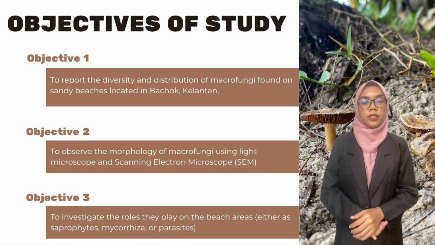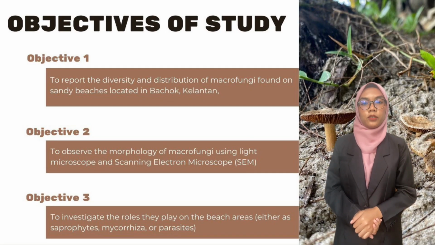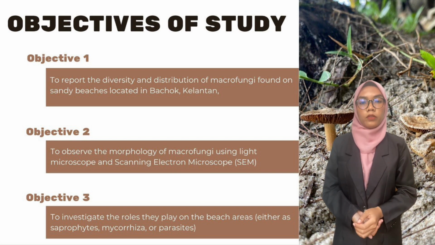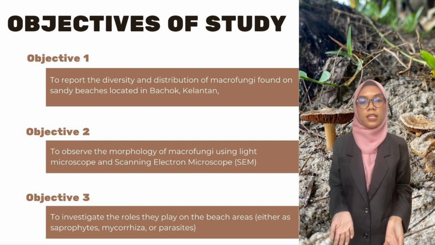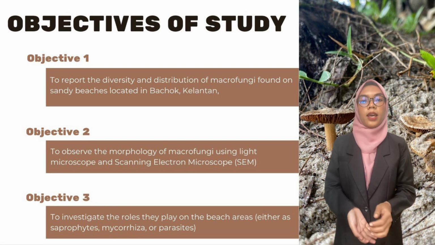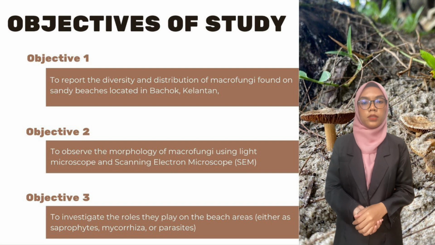There were 3 objectives in this research, which are to report the diversity and distributions of macrofungi found on sandy beaches located in Bachok, Kelantan, to observe the morphology of macrofungi using light microscope and scanning electron microscope, and to investigate the roles they play on the beach areas.